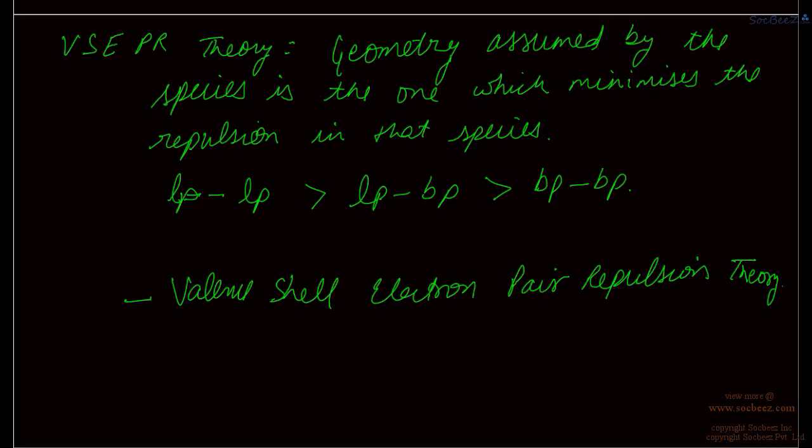So now let's see the different types of structures that will be taken up by different types of molecules. Suppose the molecule is AB2 type. Therefore we can say that A is the central atom, and in order to minimize the repulsion, B should be linear.